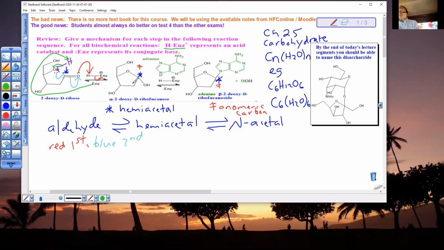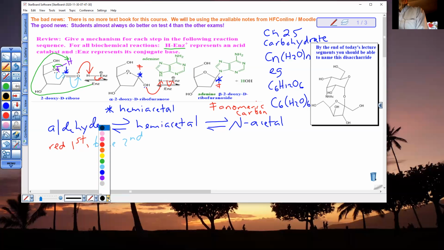Now we need a new activated carbonyl. How do we obtain that? Well, we have to make the oxygen a better leaving group. Clearly this oxygen's got to go. It's the one that ends up over here. There's the oxygen. Protonate it to make a better leaving group. Kick it off with the lone pair on the oxygen over here in the hemiacetal.